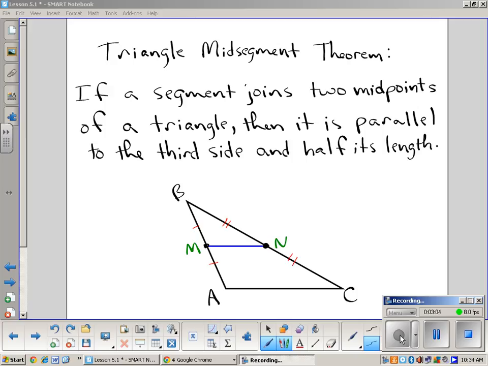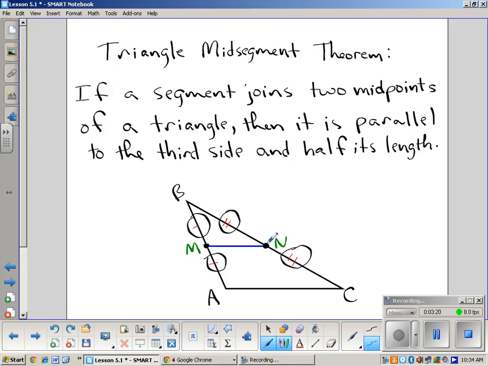Okay? So if I were to look at this, I know that this segment is congruent to this segment, so I've created point M, which is a midpoint. And this segment is congruent to this segment, so point N is a midpoint. Then that blue line between point M and N creates a mid-segment.